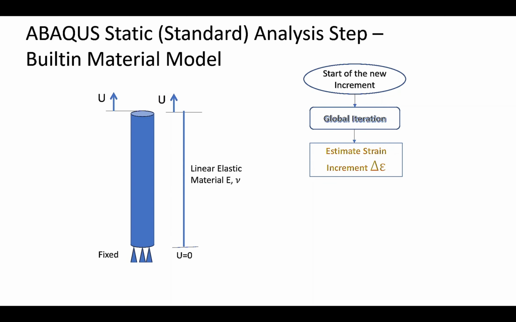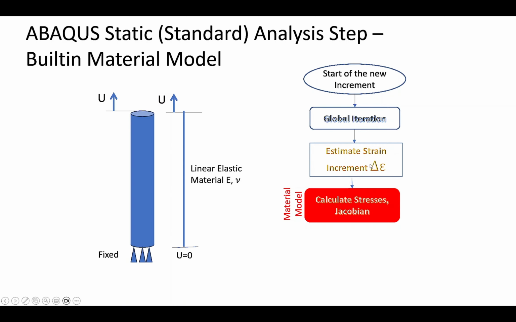It then calls the material model with the strain increment tensor, and that material model calculates the stresses and the Jacobian matrix. Remember, the Jacobian matrix is the partial derivative of the stress increment with respect to the strain increment tensor.